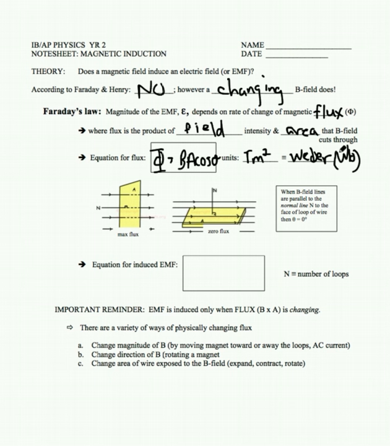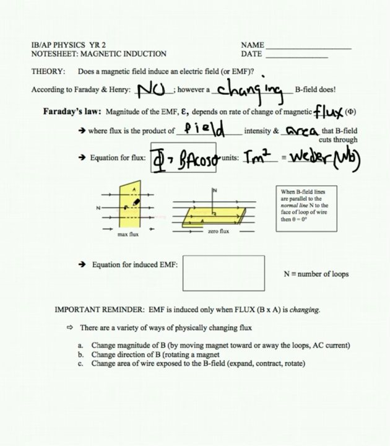Okay, so before we can really look at the heart of Faraday's law, we need to understand this concept of flux, both conceptually and mathematically. So in terms of the vector nature, we see, let's say, a representation of a loop of wire. Right, and then the B field lines are moving from left to right. We always measure the direction of the magnetic field lines to the normal of the face of the loops of wire.